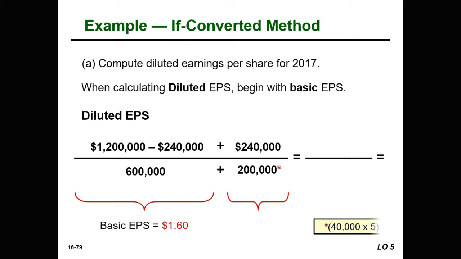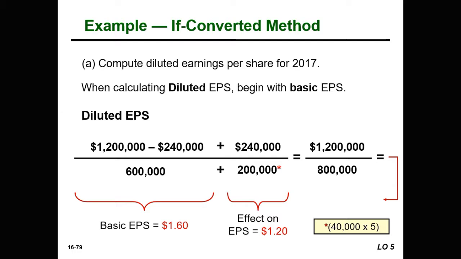That's the 40,000 multiplied by 5 because they're convertible to 5 shares per. And that gives us an effect on EPS of $1.20. When we carry the math across, so we're back to 1.2 million of net income, and we divide it by 800,000, that gives us diluted EPS of $1.50.